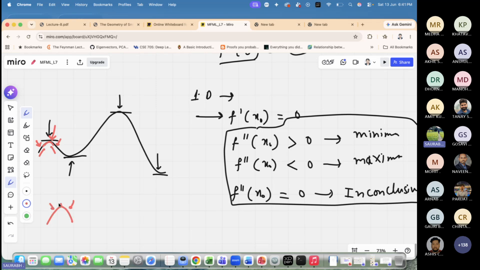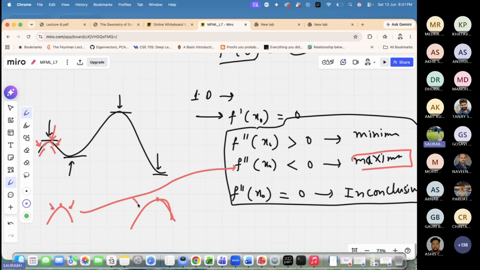And hence we say f double dash x, if it is less than 0, we say it's a maxima because we are already at the Everest, right? You are already at the highest point.